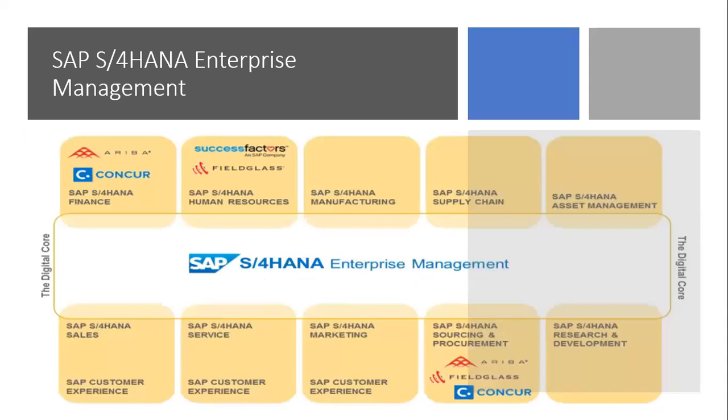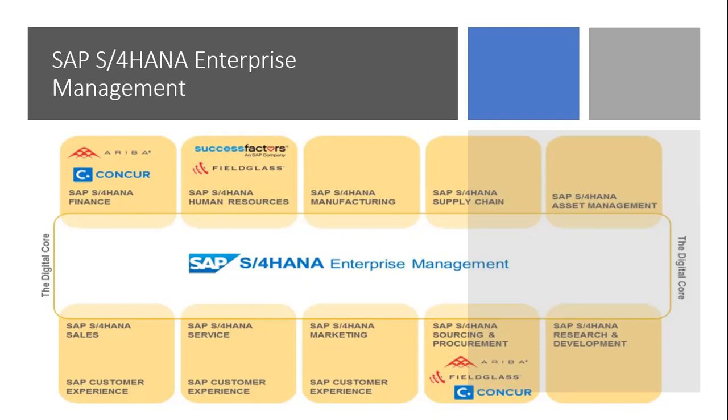Now, the S4 HANA Enterprise Management, you can see the digital core, what we call the modules or the core functionality, the digital transformation that S4 HANA has brought into the system. You can see the different modules. We have the Concur, we have the Fieldglass that handles human resources. These are basically standalone applications that can fit into the HANA enterprise management system.